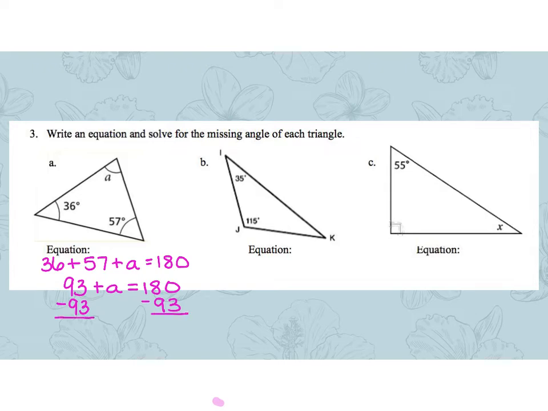When I subtract 93 on the left, it cancels out, and we're left with A by itself. And on the right, when we subtract 93 from 180, we get 87. So our missing angle A is 87 degrees.